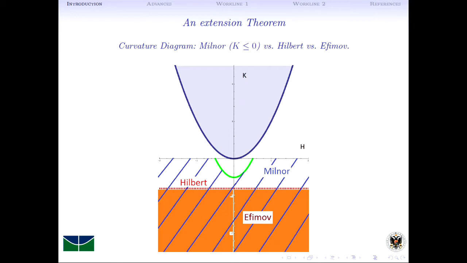It doesn't occur in Efimov's theorem. Efimov can guarantee sequences of points such that its extrinsic curvature, the product of the principal curvatures, tends to 0. We can observe here that indeed Milnor's theorem, if it was true for non-positive curvature, extends Efimov's theorem.